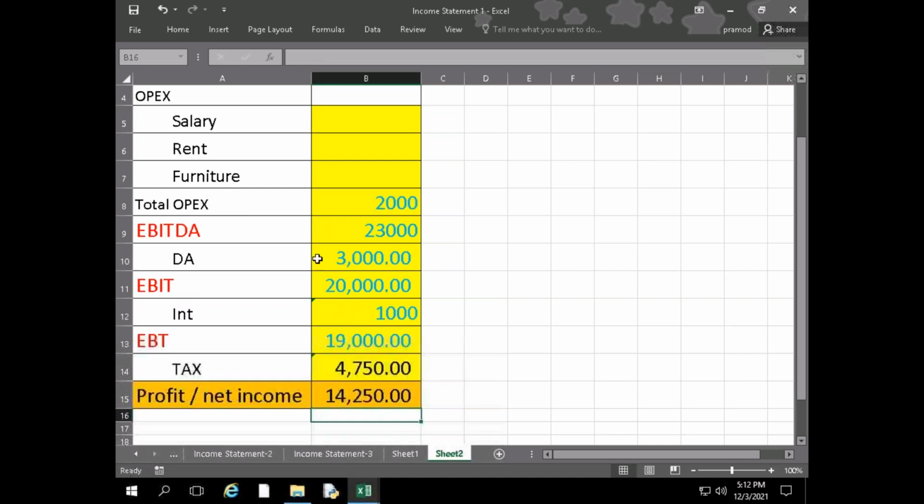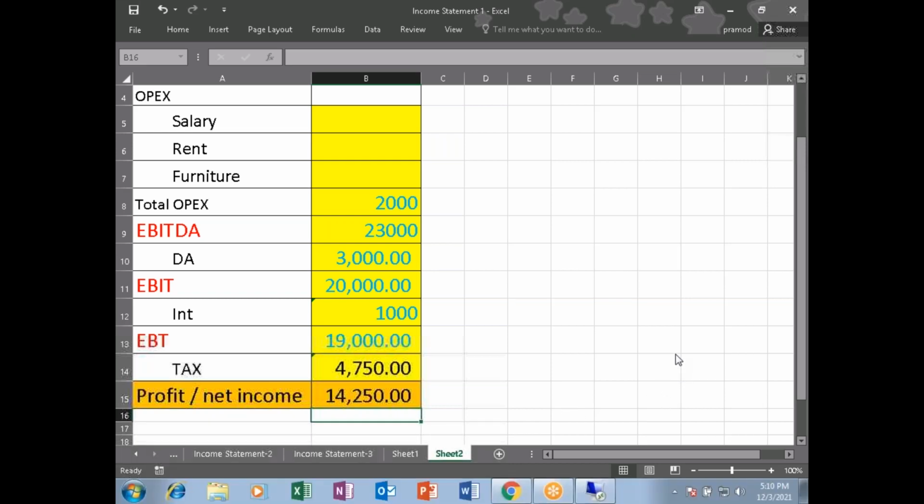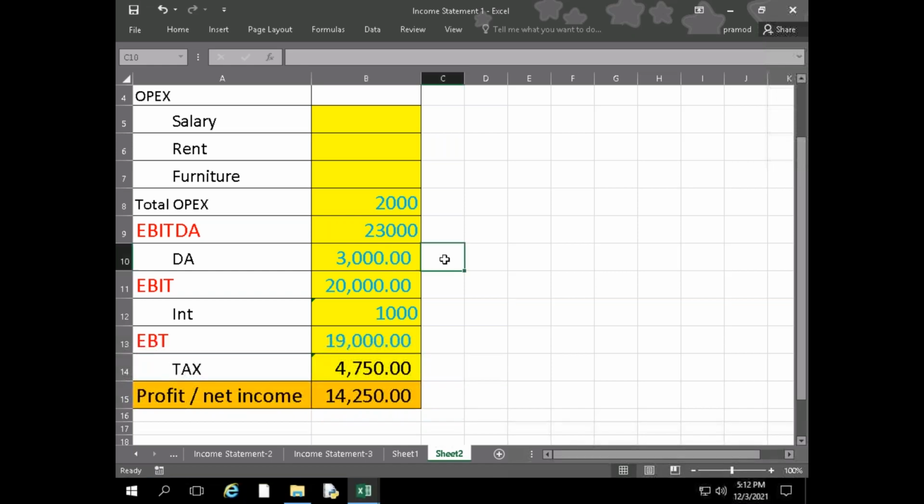It should be 14,250 only. If you all missed the amortization, add that into the D&A here: depreciation 2000 plus 1000. So everyone got the same answer, 14,250.